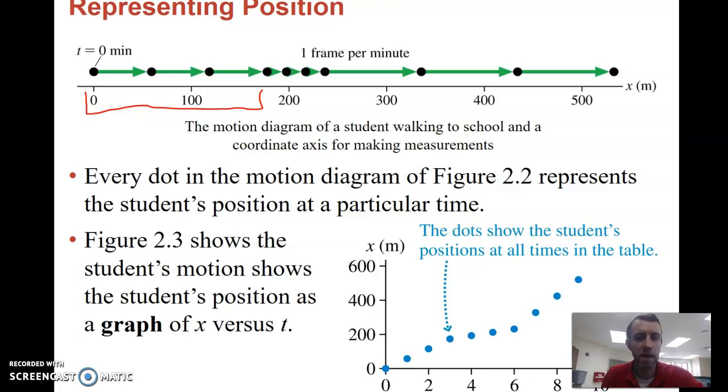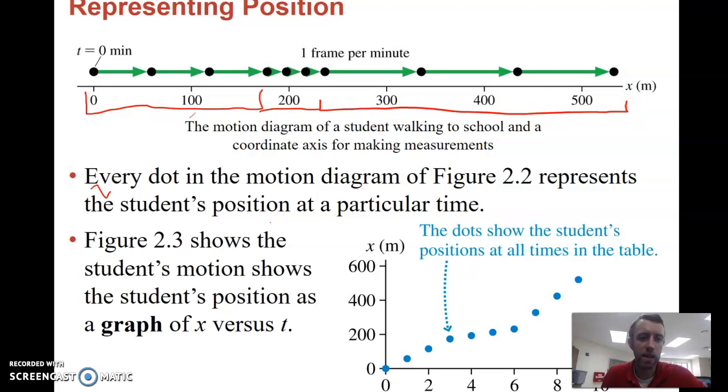During the first 3 minutes, this person walks a certain distance. During the next 3 minutes, they walk another distance, and that distance is much less. And then in the final 3 minutes, they walk this very large distance.